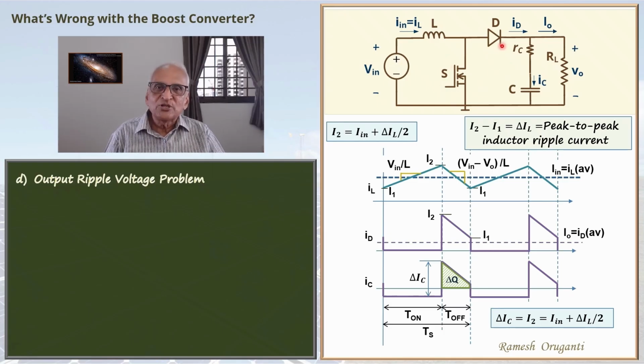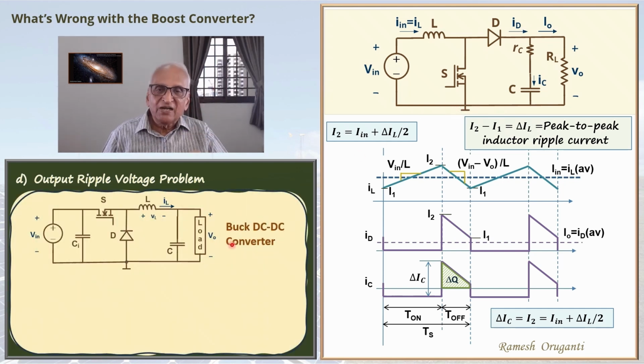In addition, notice that the switch, the diode and the capacitor form a circuit loop. Any inductance in that loop will develop a spike of voltage whenever there is a sudden current change. So because of both of these, you will find on the output capacitor the ripple voltage will be higher than expected.